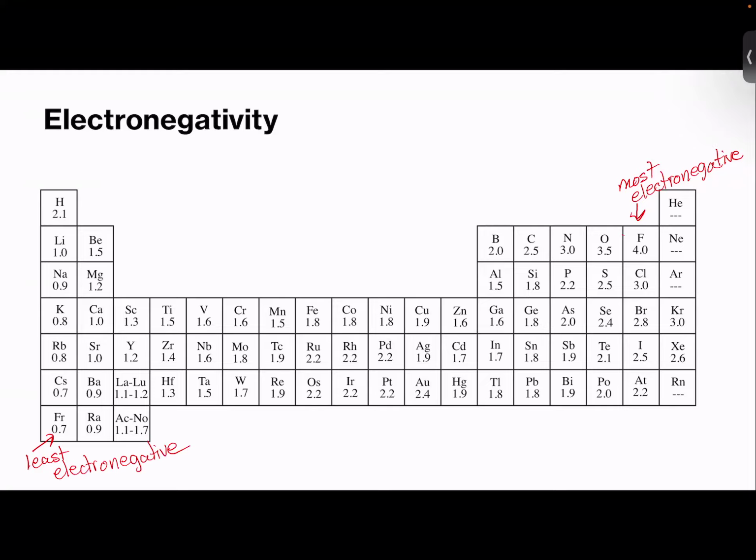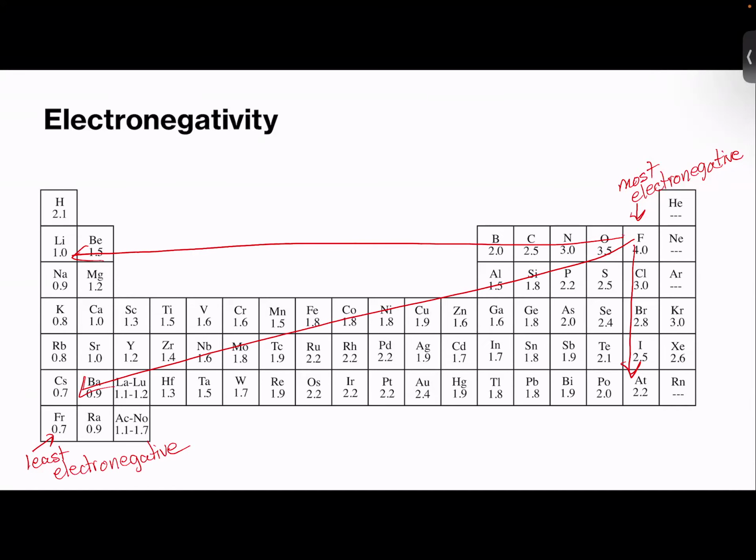So electronegativity decreases down a group, and it increases across a period.